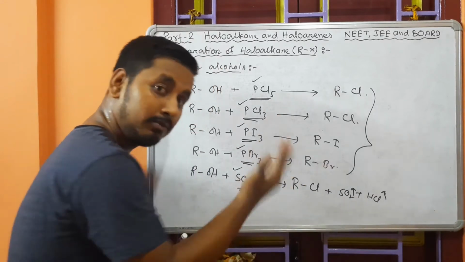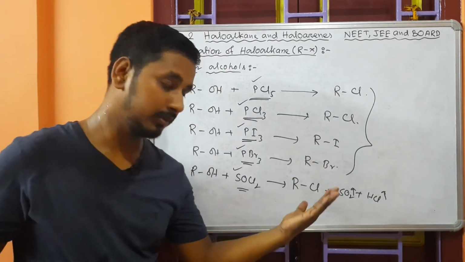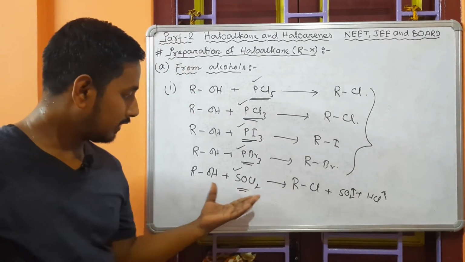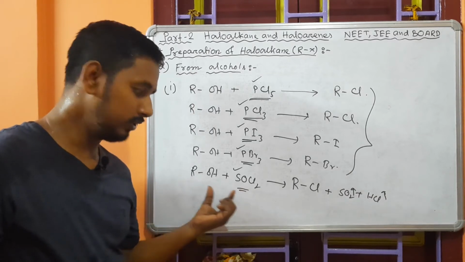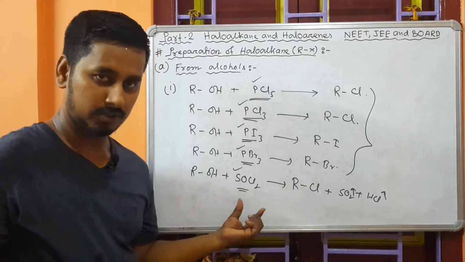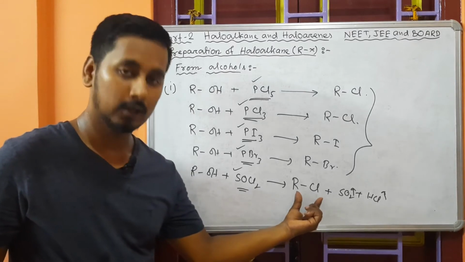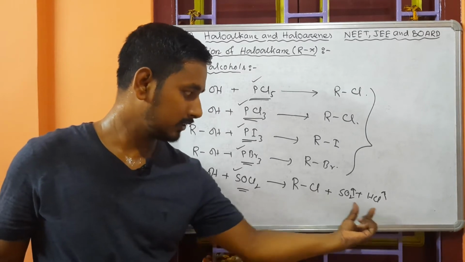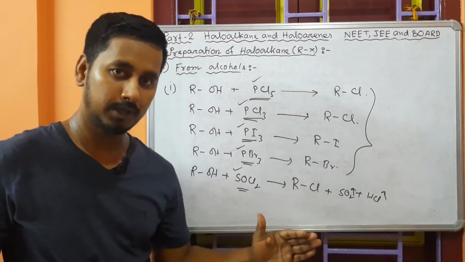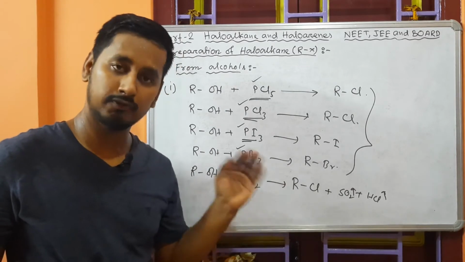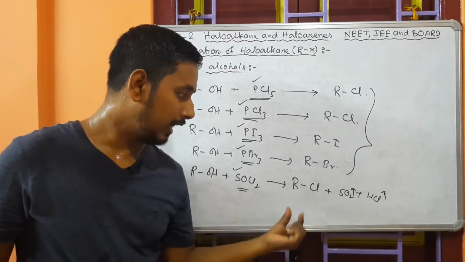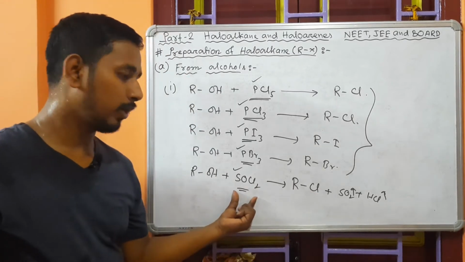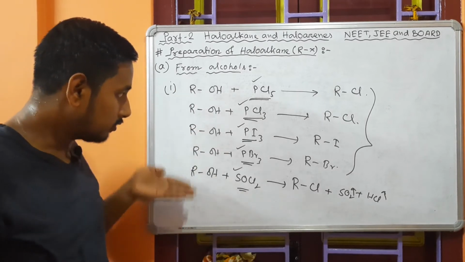This is the pure one. So you can say that the reaction of alcohol with thionyl chloride is the best process to get the alkyl chloride. Why? Because the byproducts, sulfur dioxide and HCl, are gases at room temperature, which will leave the reaction medium, and we get the alkyl halide pure. That's why this thionyl chloride process is the best among these.